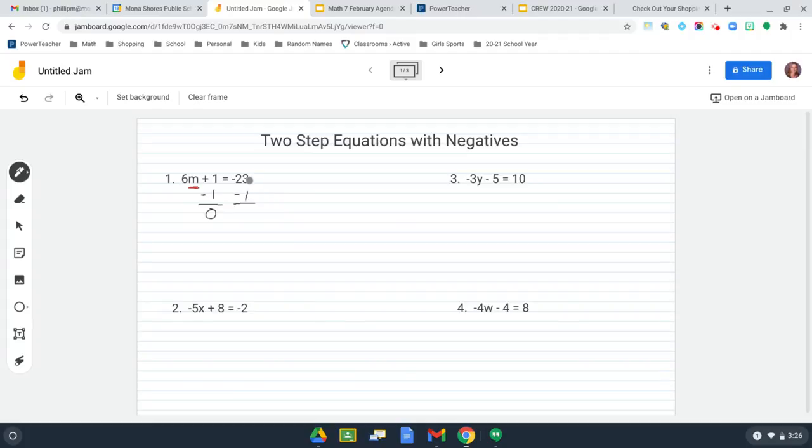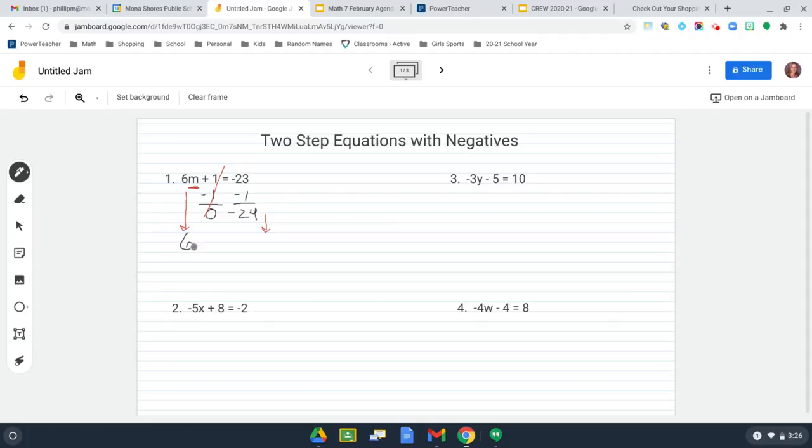Negative 23, negative 1. When you have two negatives, you add them together: negative 24. So I'm going to cross out what is 0, because remember, that's gone, and we look at what's left. We have 6m and we have negative 24.